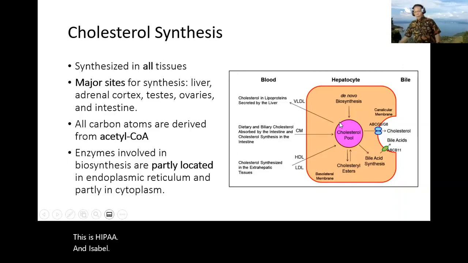If you look at this picture, you can see that this one will enter the cholesterol pool, and from this cholesterol pool, it can be used to convert cholesterol into cholesteryl ester and into other molecules such as bile acid.